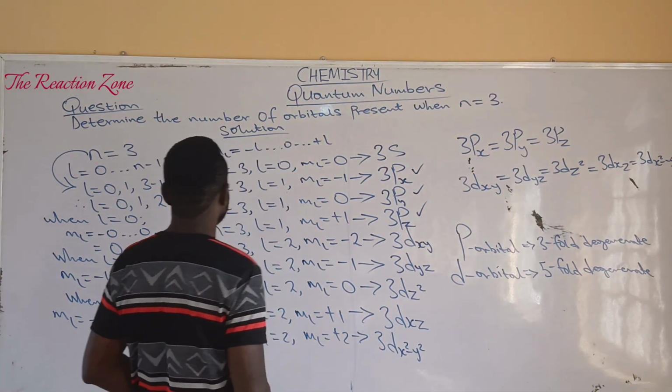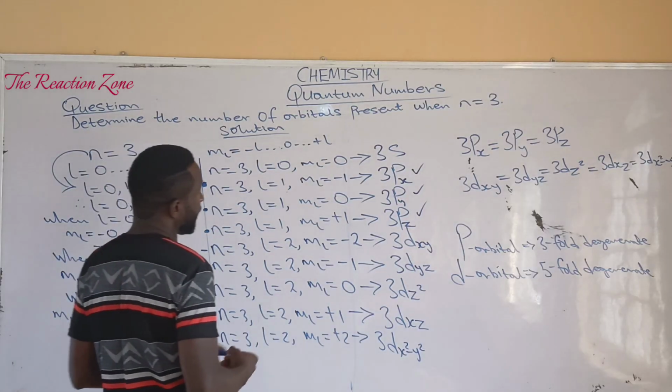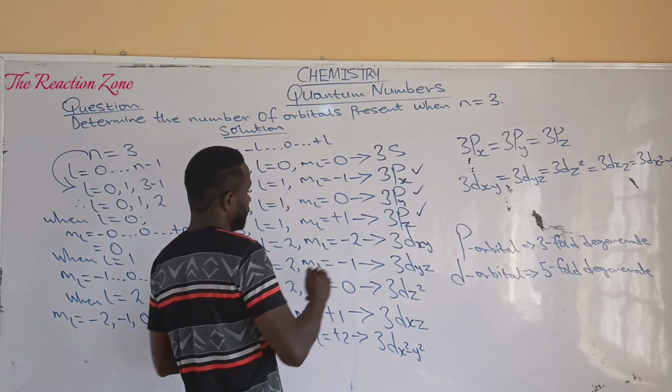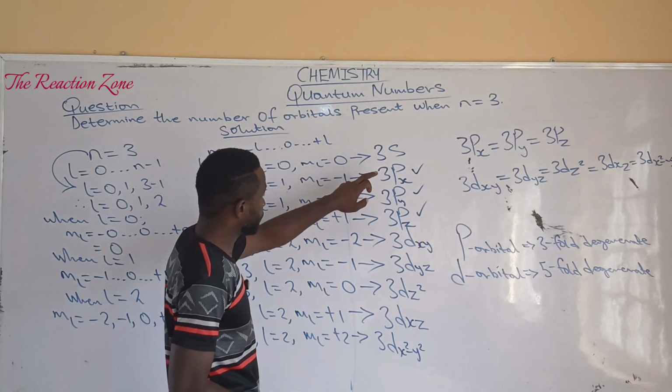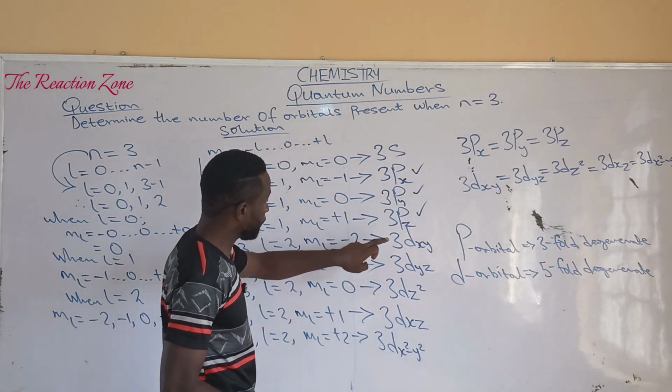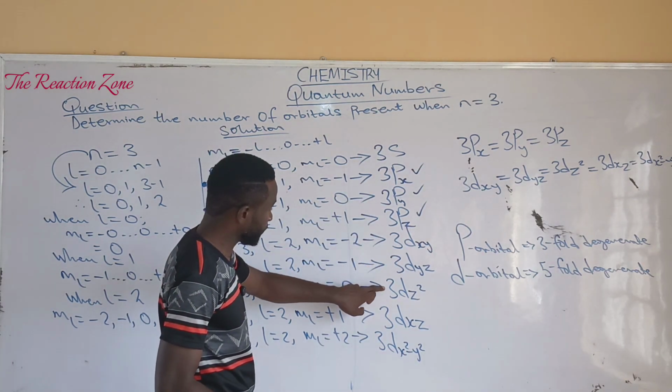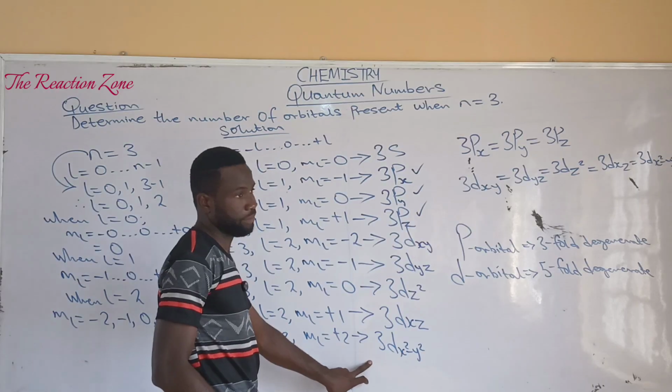So to answer the question, the number of orbitals present when n is equal to 3, you count the orbitals. 1, 2, 3, 4, 5, 6, 7, 8, 9.